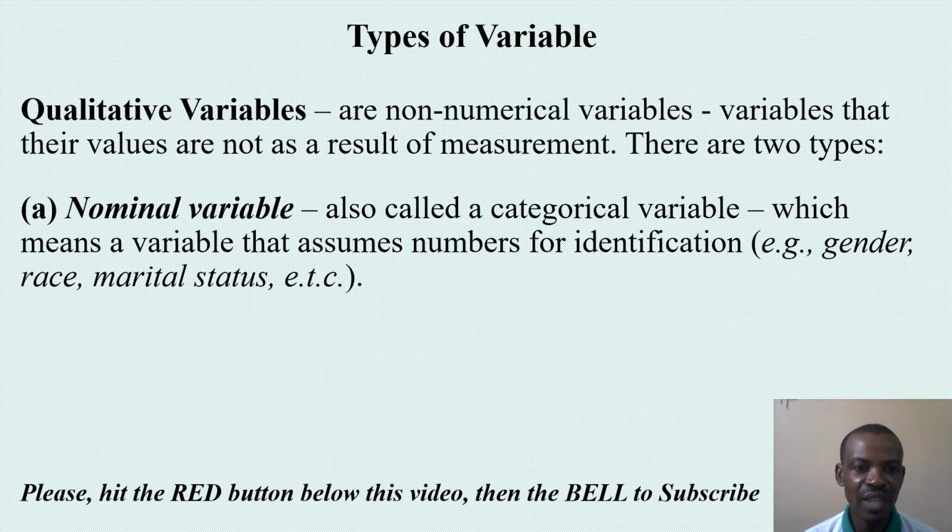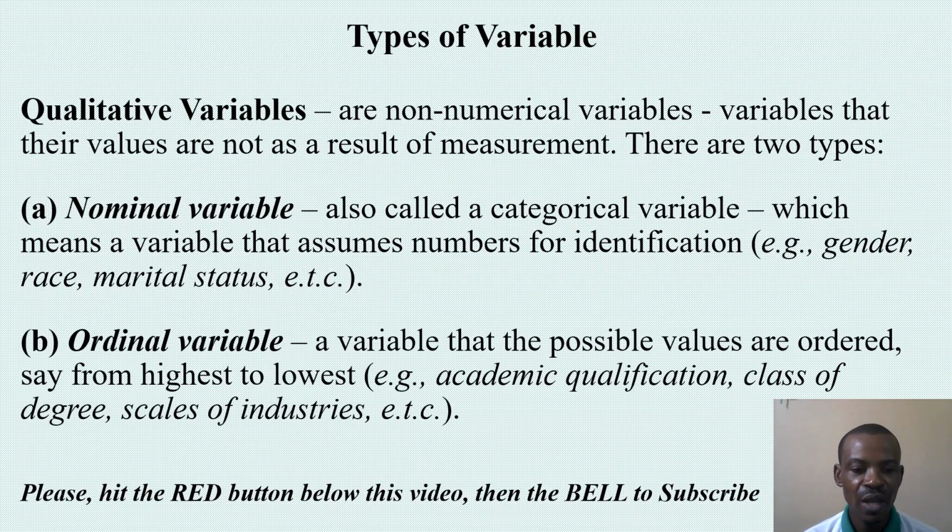Let's look at another type of qualitative variable, which is the ordinal variable. The ordinal variable is a variable whose possible values are ordered. That is, they can be said to be in order from the highest to the lowest value or lowest to the highest value. Take academic qualification as an example: let's say your bachelor's degree, master's, and doctorate. PhD can be said to be higher than master's, and master's can be said to be higher than bachelor's degree.